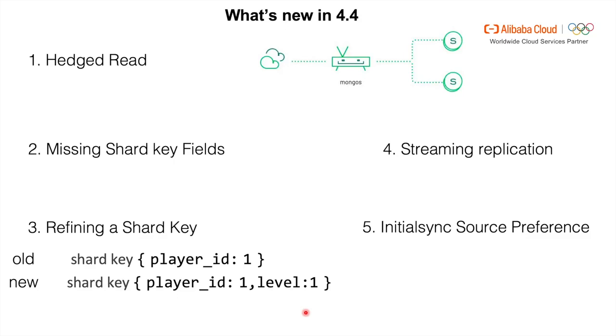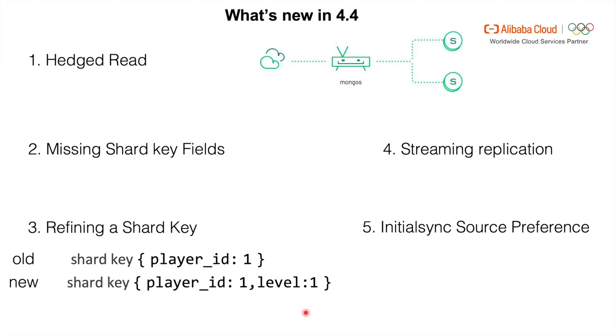Then streaming replication has been introduced in 4.4, which helps you migrate your oplogs continuously to the secondaries, which will again help reduce latencies and stale reads. Then there is initial sync source preference.